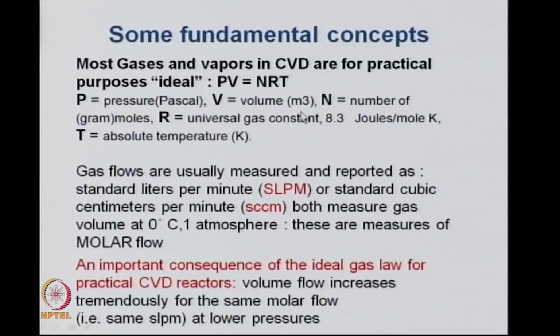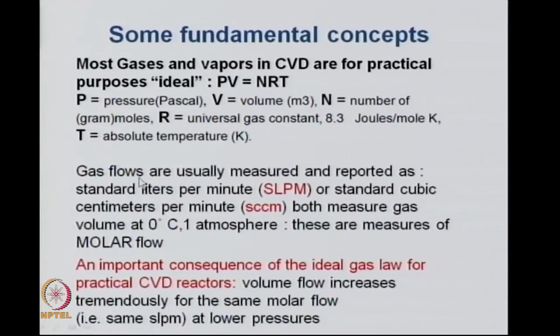When you are taking volume in meters, the volume unit is meter cubed, and then you have to take R, the gas constant, in SI units, which is 8.3 joules per mole Kelvin. These are typical quantities one needs to know to apply the ideal gas law, which is important for understanding the CVD process.